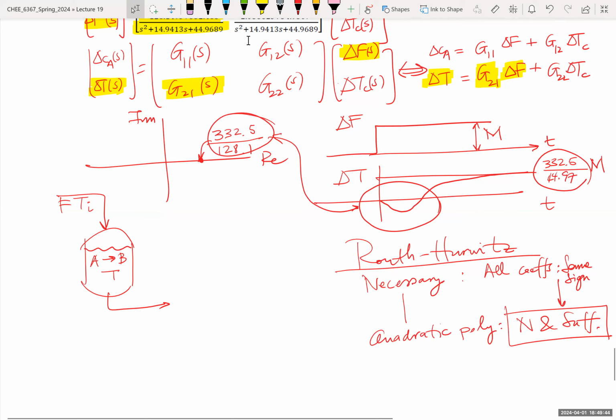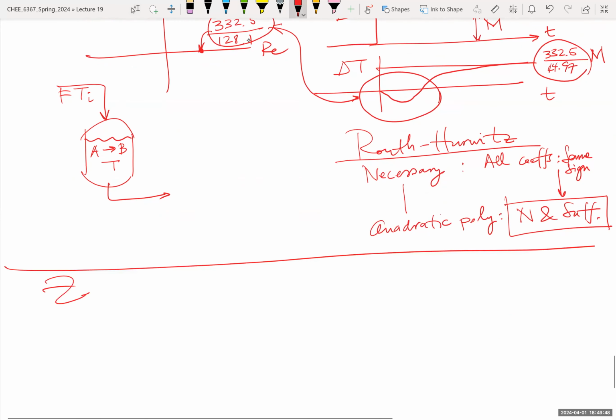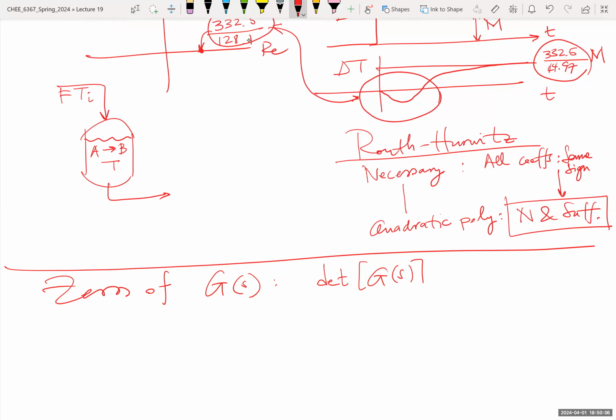What about the zeros of the transfer matrix now? Zeros of G of S are defined, as we said, as the points where the determinant of G of S becomes equal to 0.